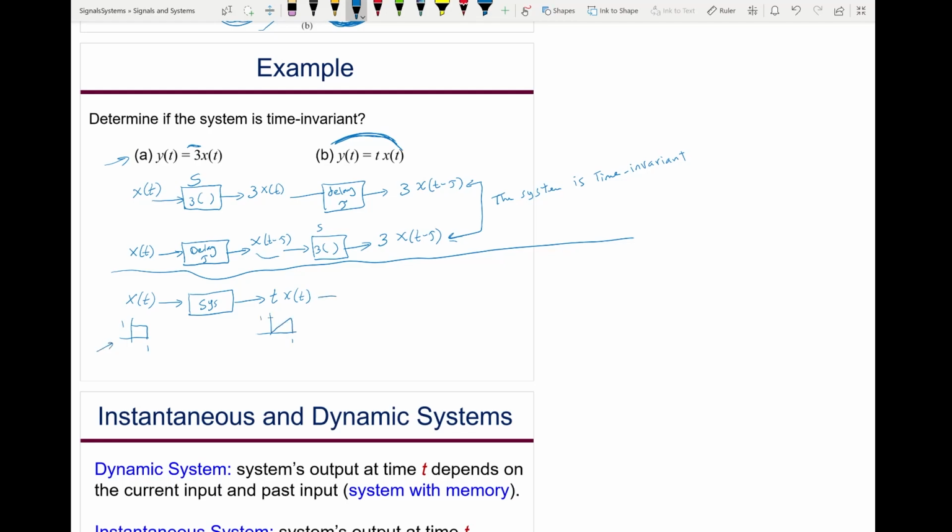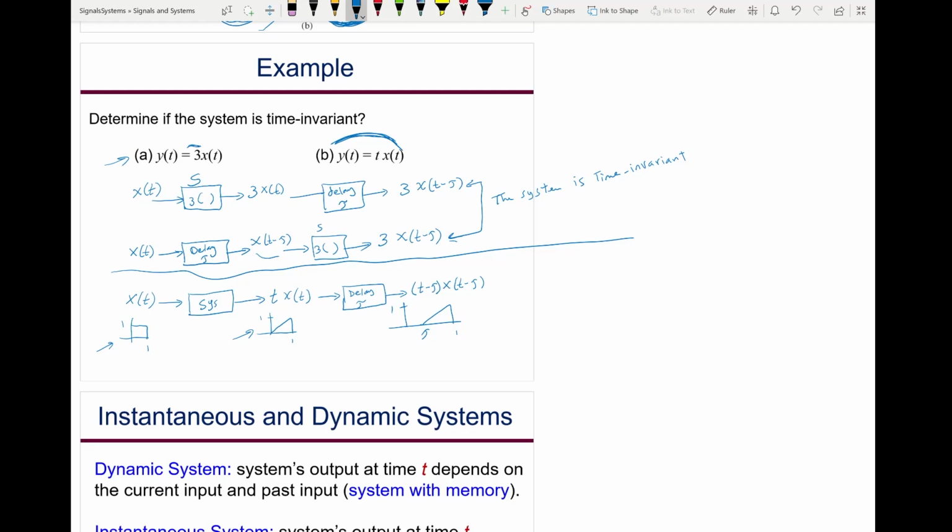And now I take this output to a delay by tau. So graphically, the output will be exactly this delayed by tau. And it is just t minus tau, x of t minus tau. So wherever you see t, you just delay it by tau.